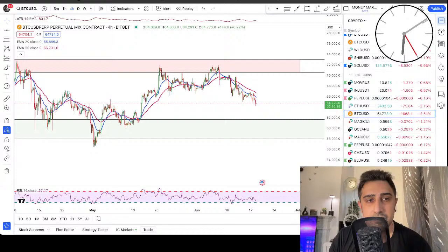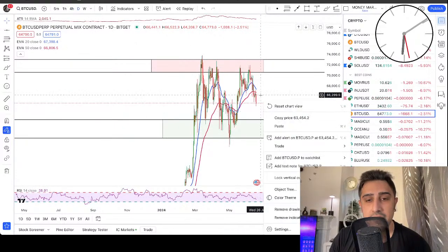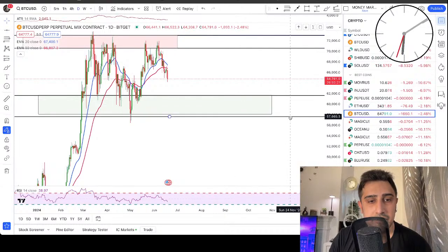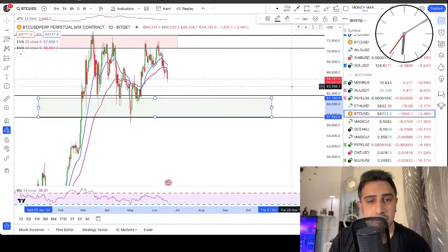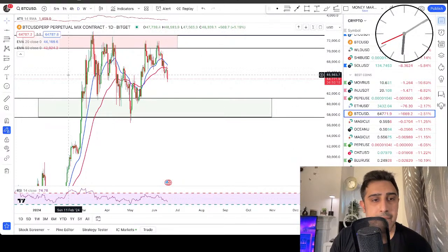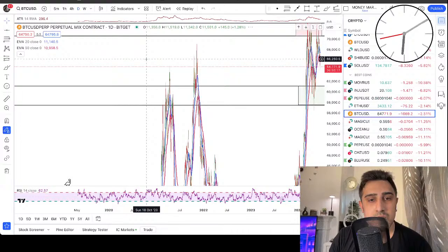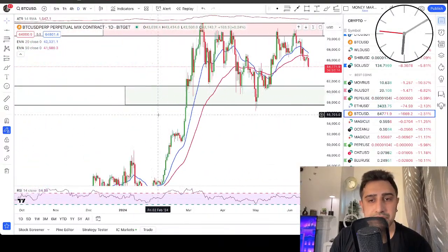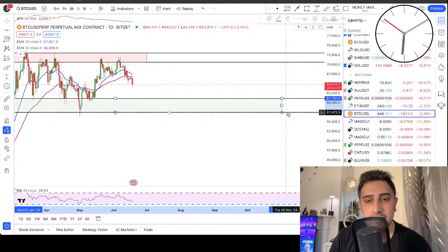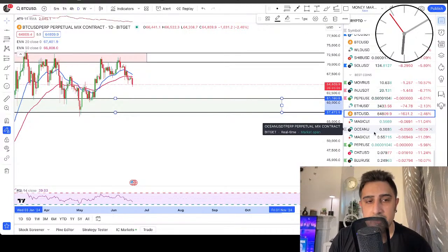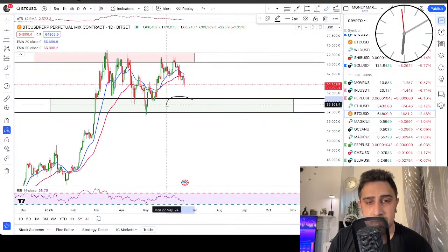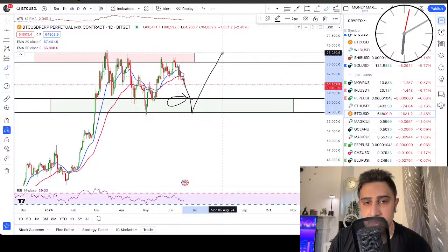We are heading down to a good support level. Let's readjust this level. Yes, so good level here. If you're looking to buy, that's a good level to buy. 57,472, that goes up to 61,180. I've mentioned these levels in my recent video as well. So this level is a possible level for a good bounce.